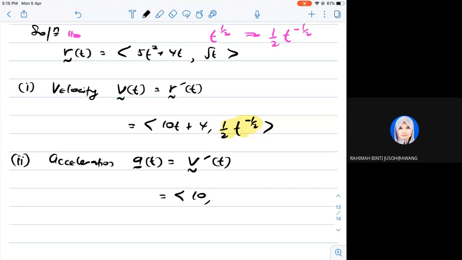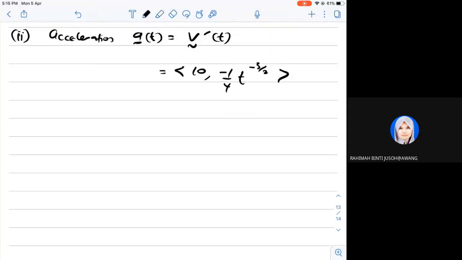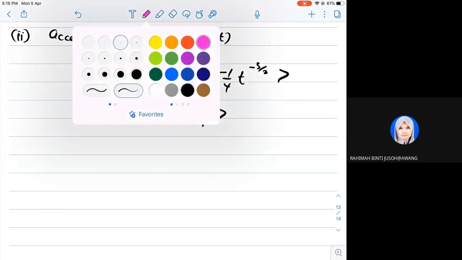So dapat negative 1/4 kan, t to the power of negative 3/2. Okay, good. Tapi dia nak time t equals to 1, so we have to substitute lah. So you just substitute A(1). You ganti nilai, you akan dapat 10, negative 1/4. That's it, that's the answer.